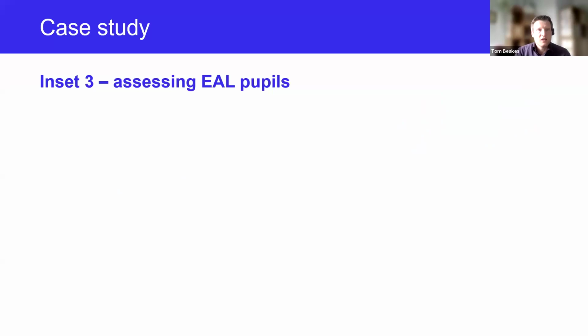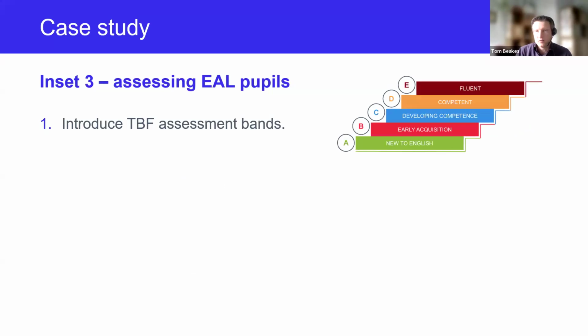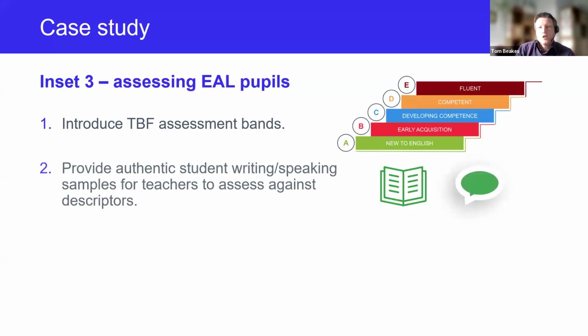And the third inset would be focused exactly on assessment and assessing our EAL pupils. So again, you could do something like introducing the Bell Foundation assessment bands. You could provide some authentic student writing or speaking samples, taken from pupils at the school, for teachers to assess against the descriptors.